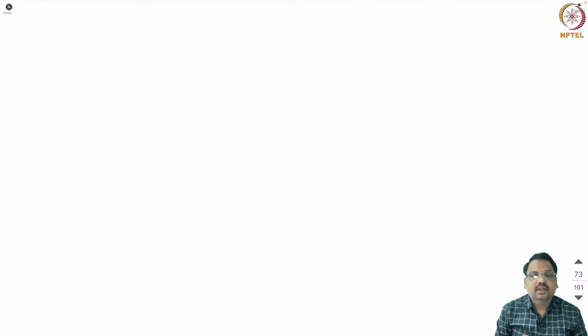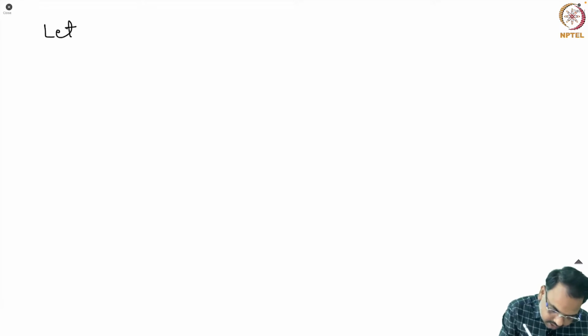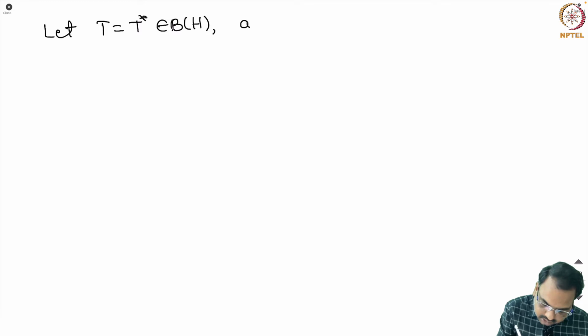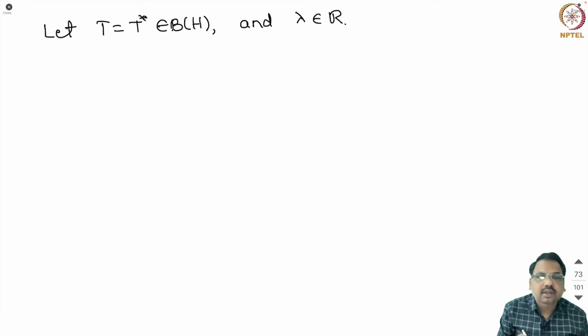Now, we know that the spectrum of T is a subset of R. So let us start with the self-adjoint operator T, and take lambda to be a real number.